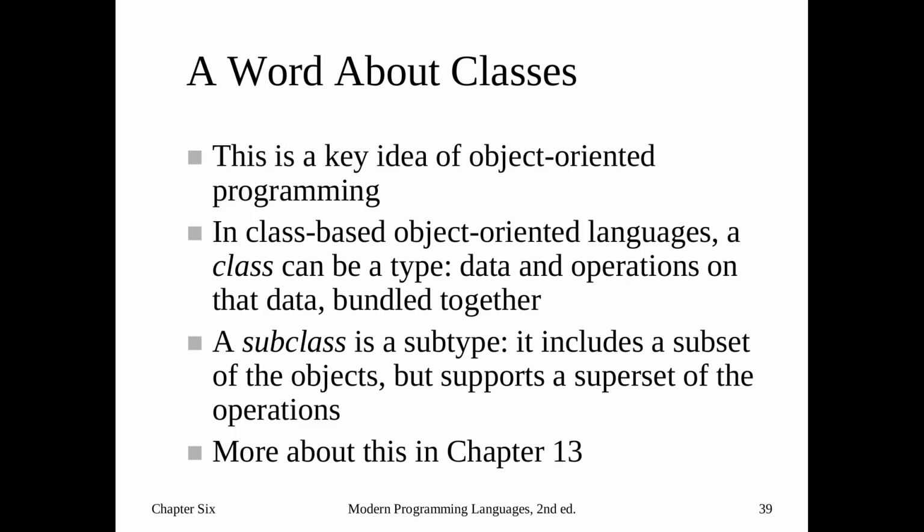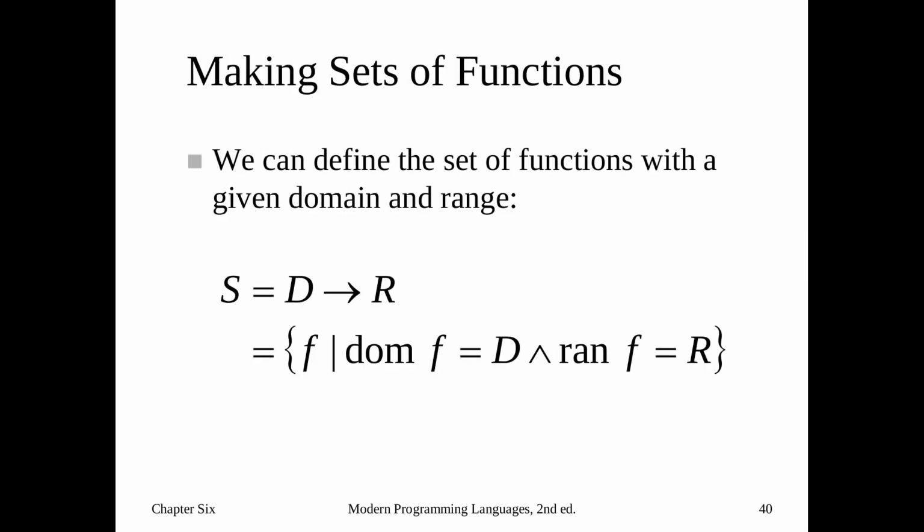And so the question is, why is that? Well, it's not a subtype in that it's a restriction on what's going on. It's actually a refinement and expansion of the supertype, and that's why it can support a superset of the operations. But we'll talk more about that when we talk about object orientation.